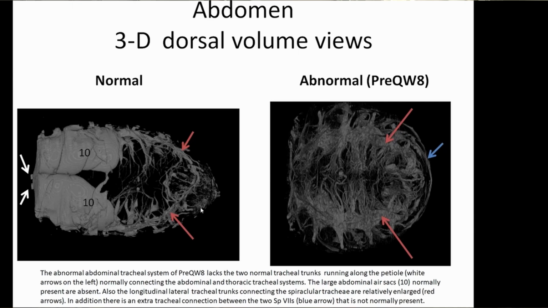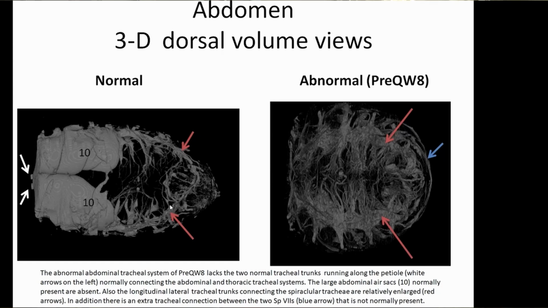On the left we have a normal tracheal system of the abdomen, the petiolar trachea, the very large abdominal sacs, and then the network passing down the lateral trunks with the individual spiracles feeding in.